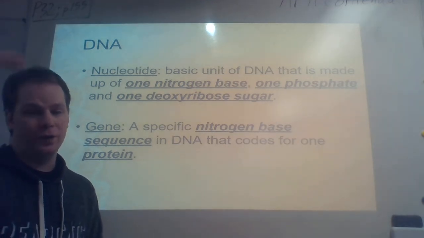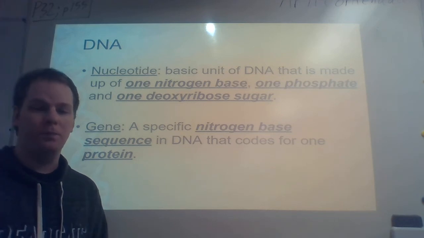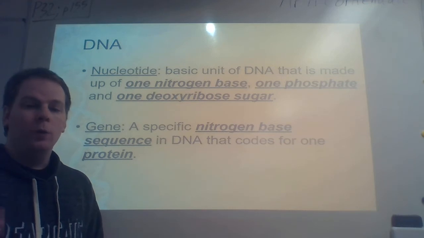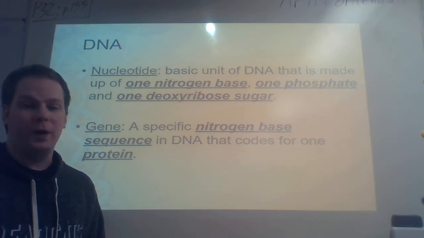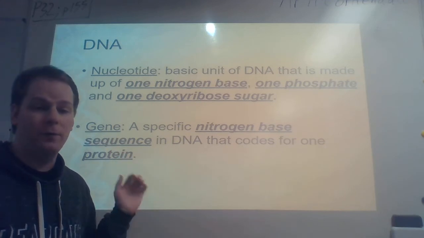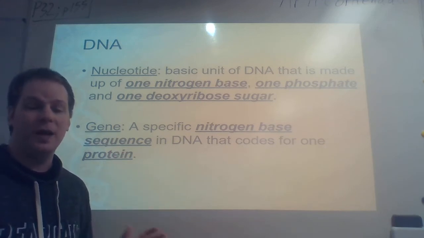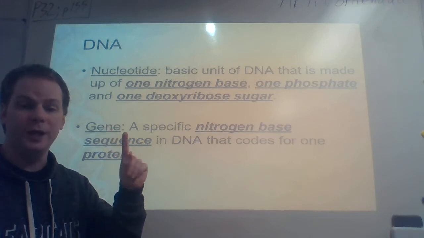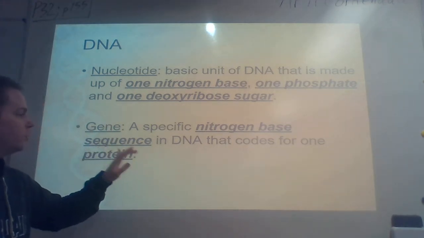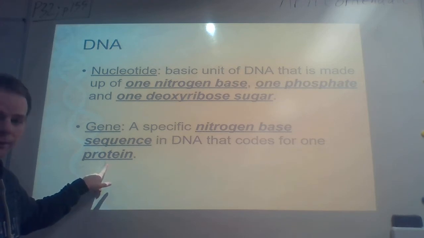So DNA is a big, long sequence of millions and millions of base pairs. Okay? Within those millions of base pairs is a section of what could be anywhere from 12 to 1,000 bases that makes up a gene. The gene is the sequence of DNA that codes for a protein.